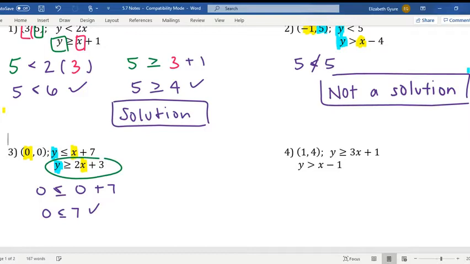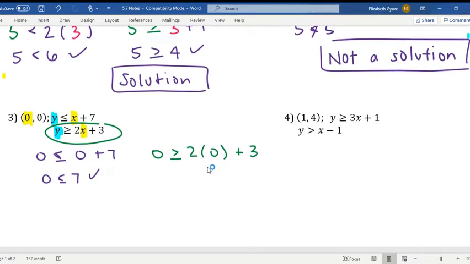We need to see if it works in y is greater than or equal to 2x plus 3. So y is 0, so put that in: 0 is greater than or equal to 2 times 0 plus 3. We got a little bit extra to simplify over here. What should I simplify first on the right? Should I multiply or should I add? We need to multiply, yeah. So 0 is greater than or equal to 2 times 0 is just 0, right?